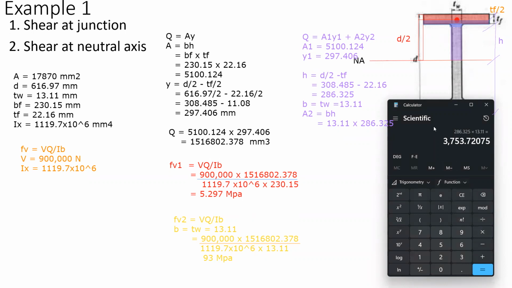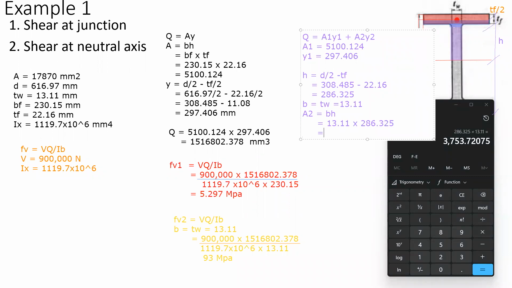So yung area natin is 3,753.721 millimeter square. Ayan. And then we now know A2.